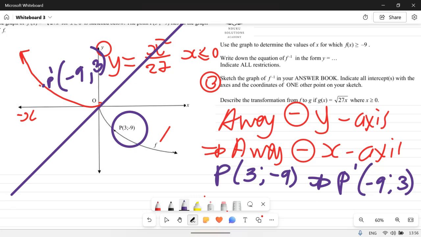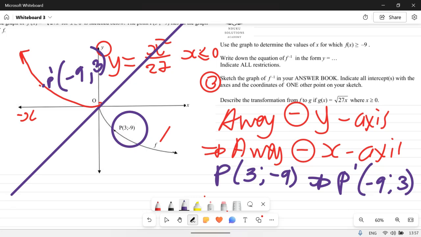And then we can also squeeze in the last question, to describe the transformation of f to g if g of x equals the square root of 27x. That's a very, very simple question.